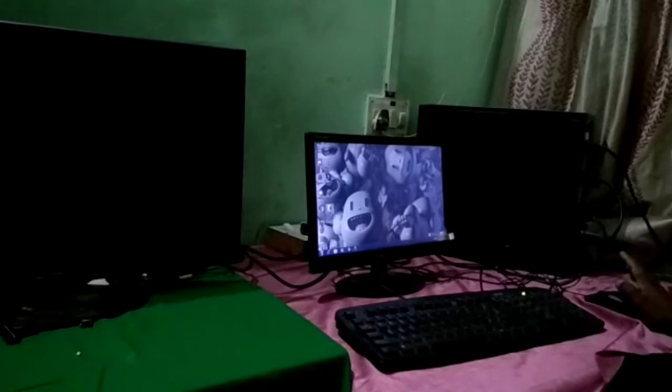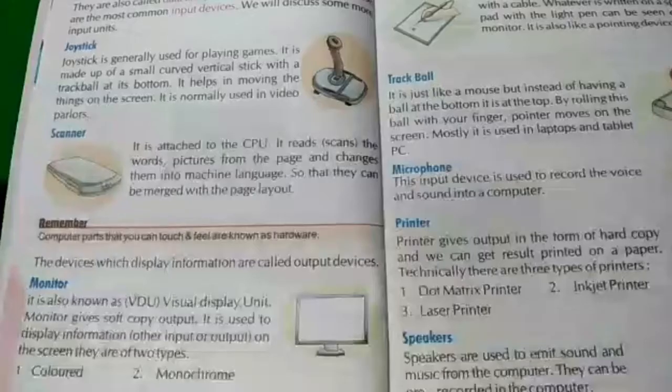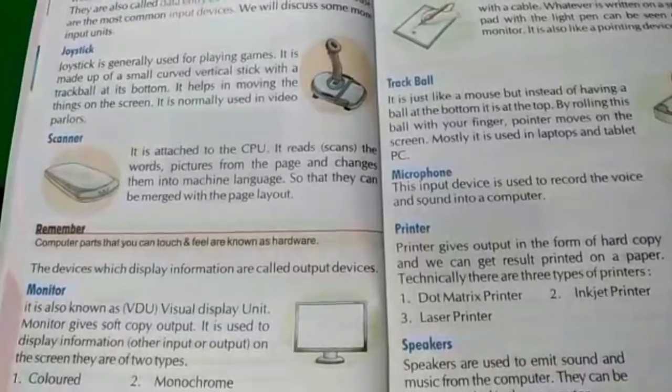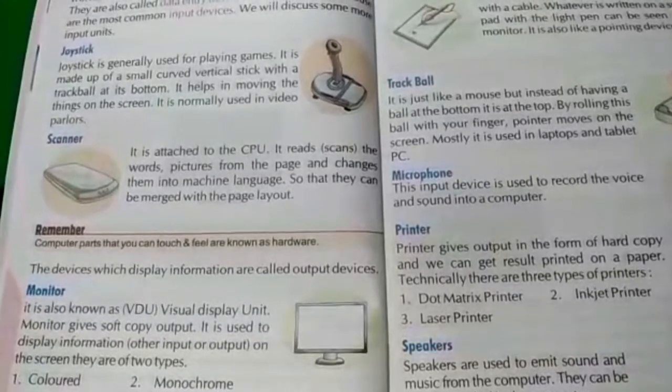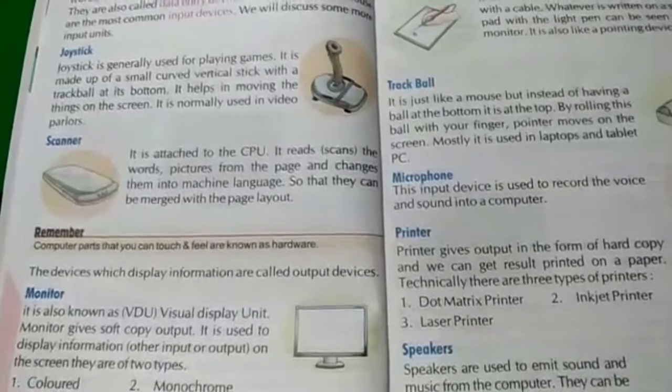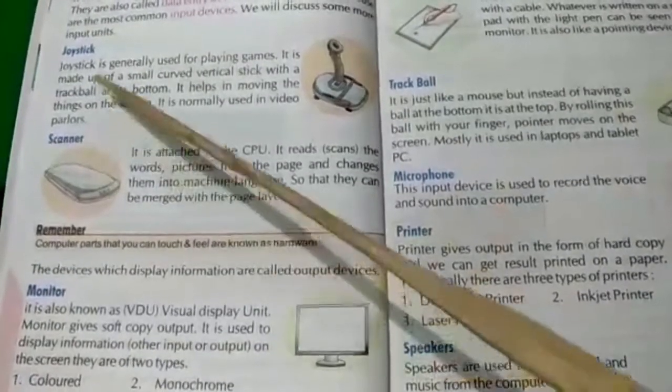We will discuss some more input devices. For example, we have joystick, scanner, etc. We shall see them in detail. So dear students, there are so many input devices. We have first the joystick.